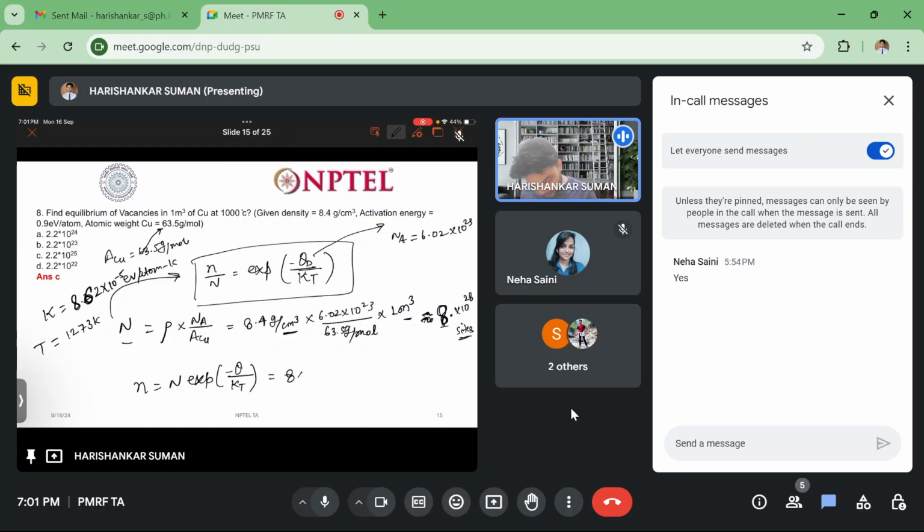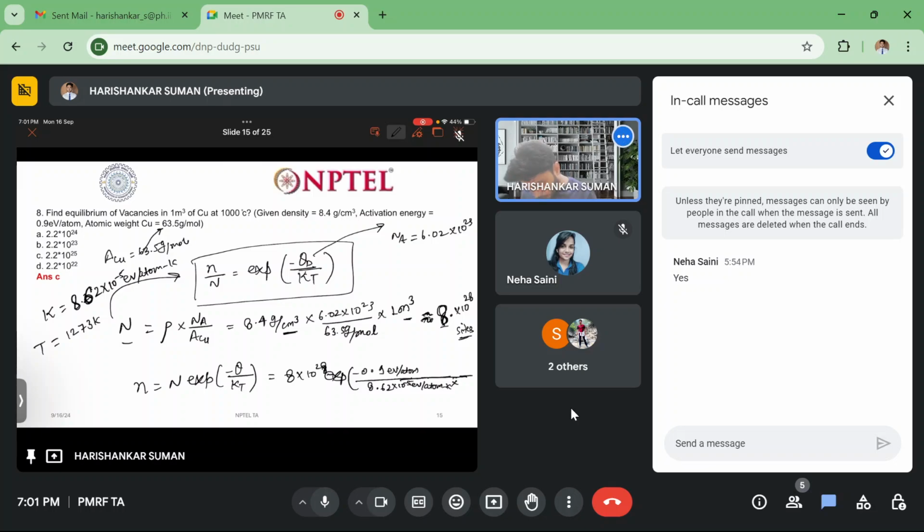So N is 2428, exponential, Q is given as 0.9 electron volt per atom, and k is 8.62 times 10 to the power minus 5 eV per atom per Kelvin, multiplied by the temperature in Kelvin.